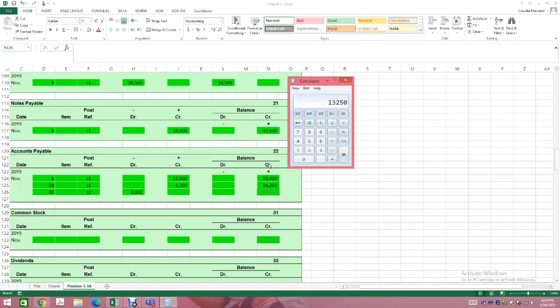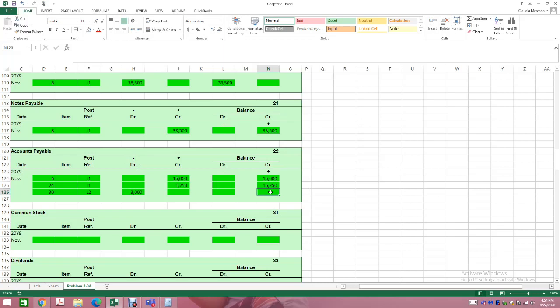I have a balance on my credit side of 16,250, I subtract my debit of 3,000, so now my balance is a credit of 13,250.